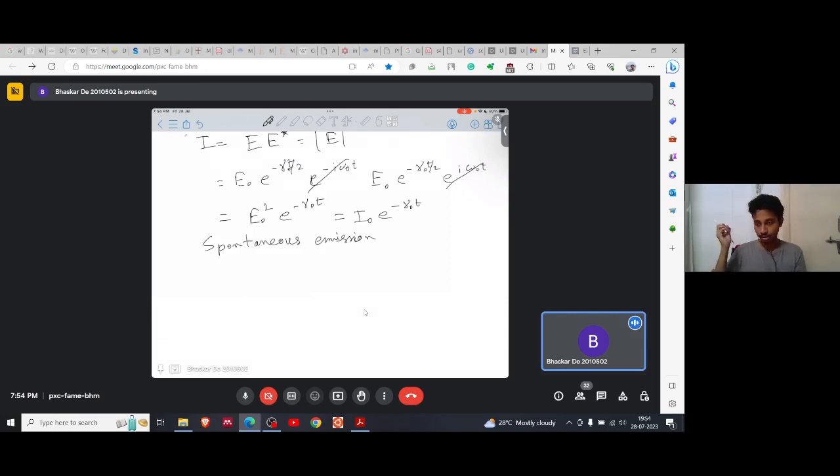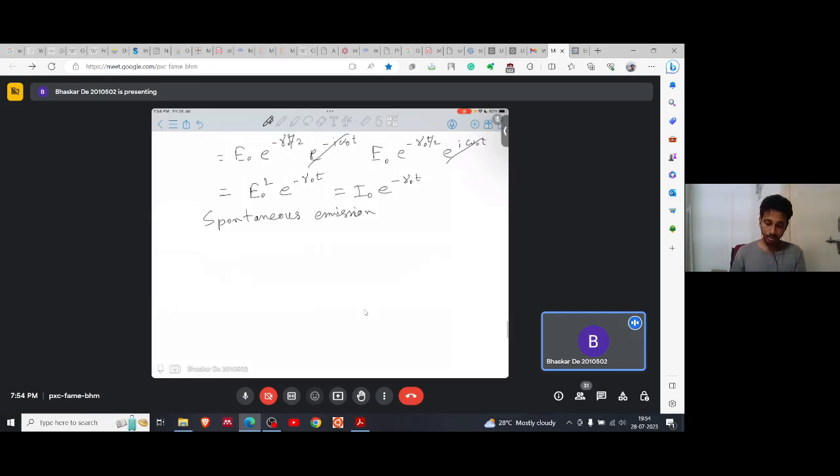There is no such thing as the electrons staying in the upper level or a higher excited state for infinite time. That is not possible. It will eventually relax to the lower state and emit something, and that is known as spontaneous emission. It also happens for many other reasons, but this is one of them.